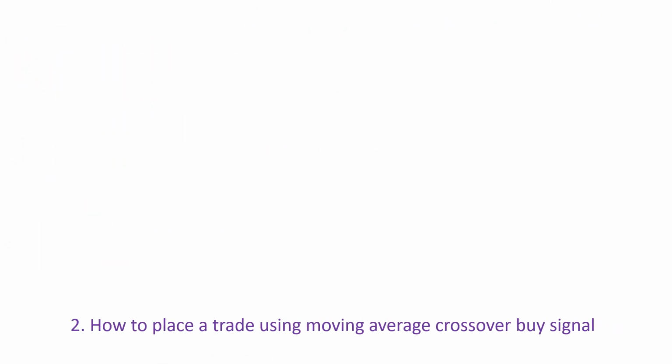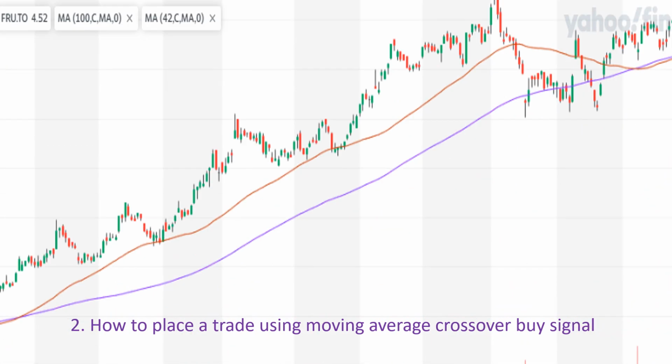The second strategy is how to place a trade using the moving average crossover buy signal. This is the price trend of RU stock, D1 time frame, Yahoo Finance. As you can see, the price is trending nicely upward and making higher swing high, higher swing low, higher swing high, higher swing low, higher swing high, higher swing low, and all the way up.